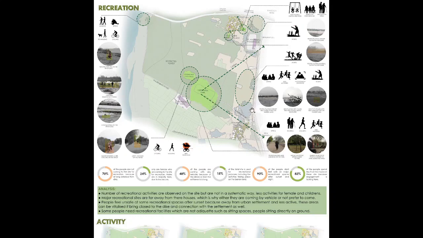When a survey was done, most of them required a recreational space nearby, as there are no engagement activities on the way which can engage them, and then they would feel more welcoming to these recreation spaces.